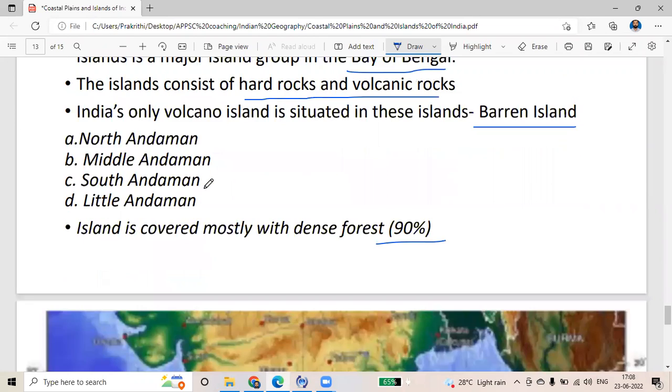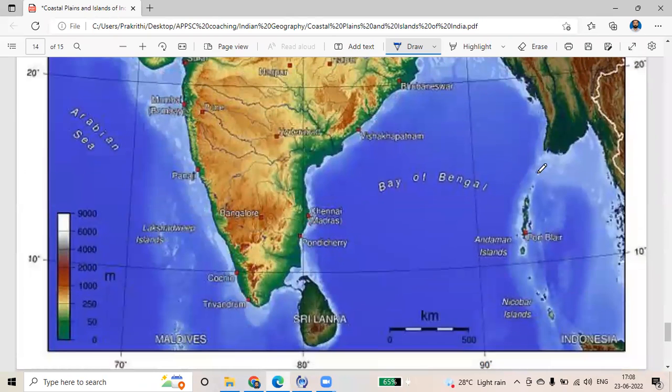You can see the Andaman and Nicobar group of islands here, and you can see the capital Port Blair. It is also considered part of the Eastern Himalaya extension, coming from here. So it is a stretch.